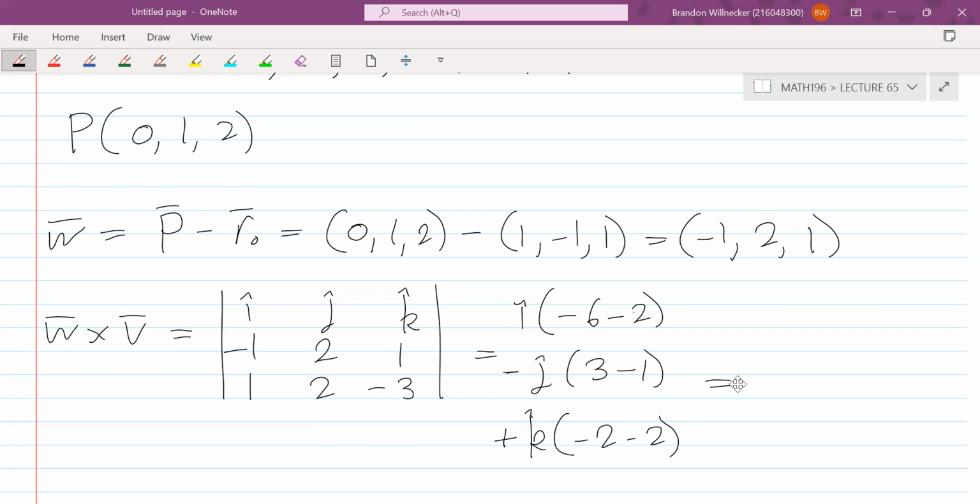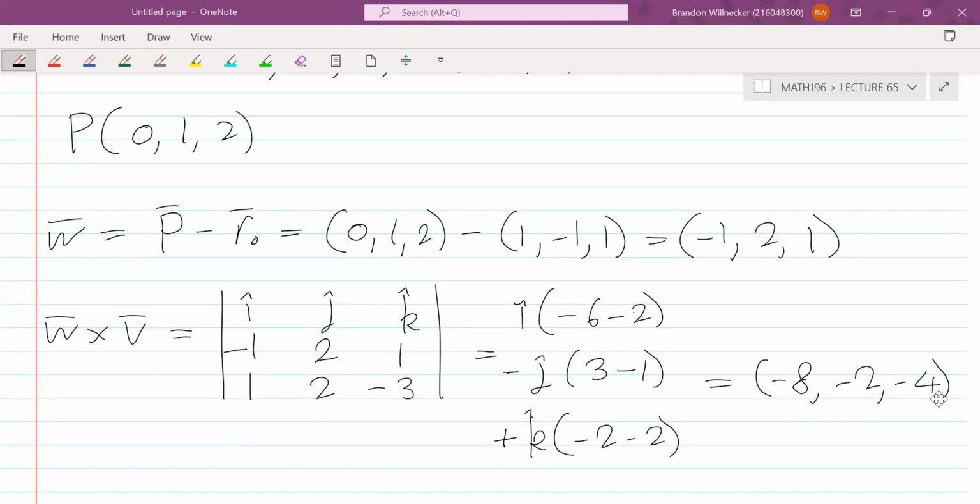We can write this as a tuple to make things easier. So -6 minus 2 is -8. 3 minus -1 is 4, but we've got the minus in front, so that's -4. And -2 minus 2 is -4. So that is our W cross V vector.